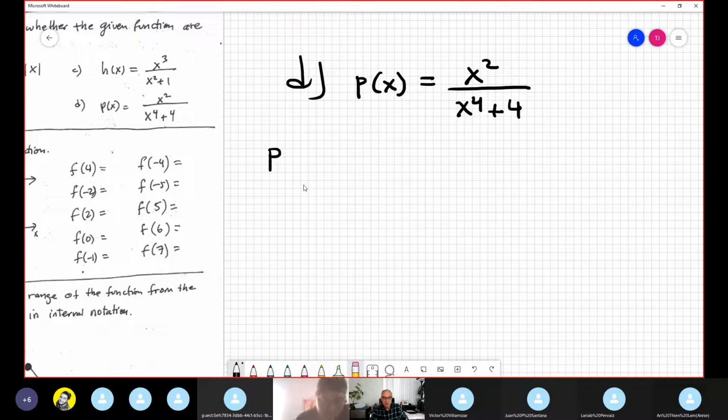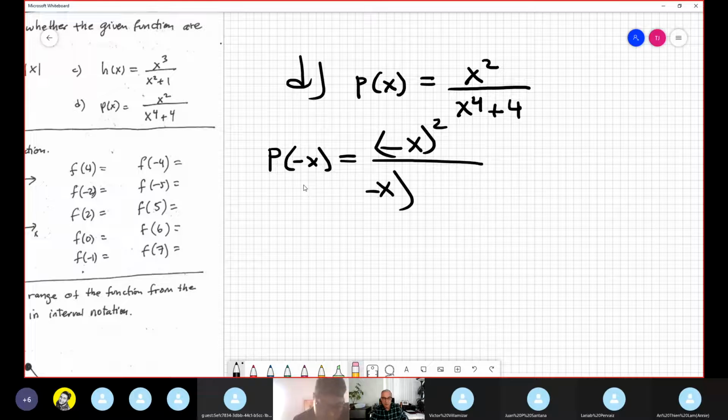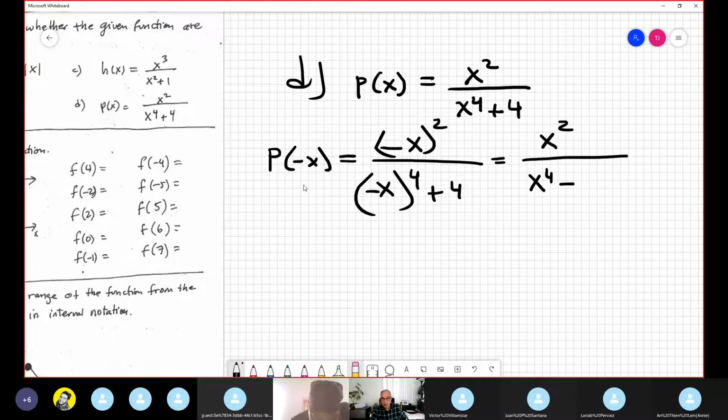So you make a reflection. This is minus x squared over minus x to the 4th power plus 4. Okay, this is positive. And this is also positive. Wow, unbelievable. Stay the same. Look. It's a classical even function.